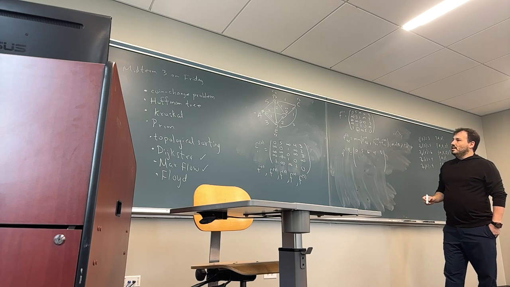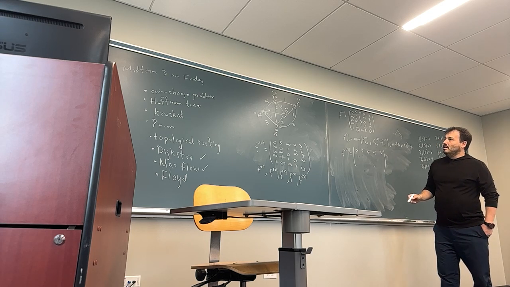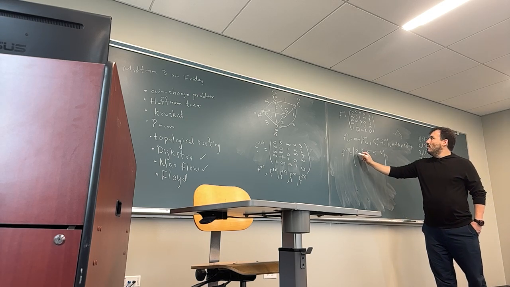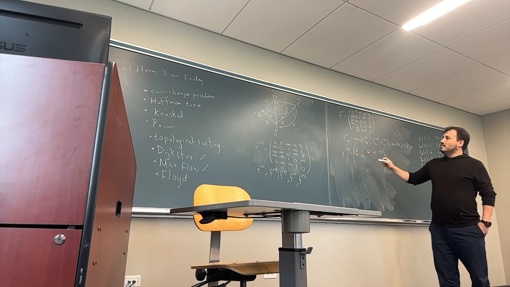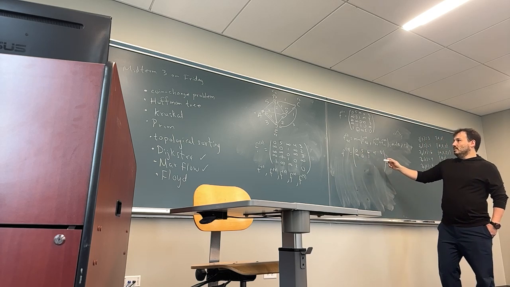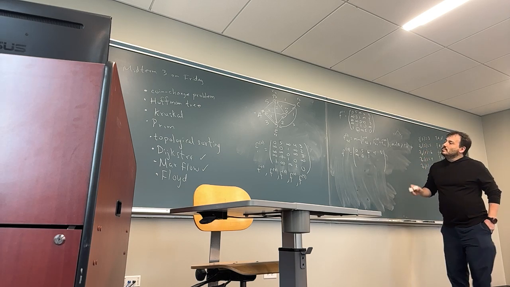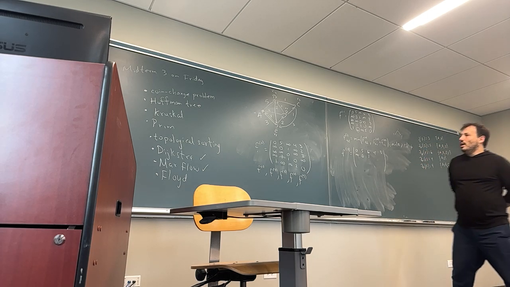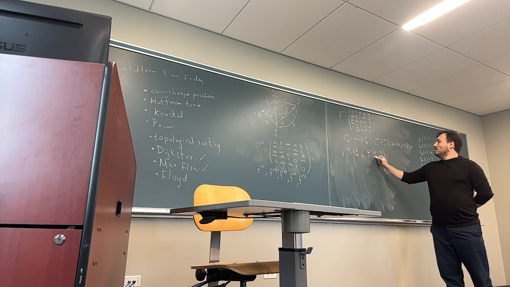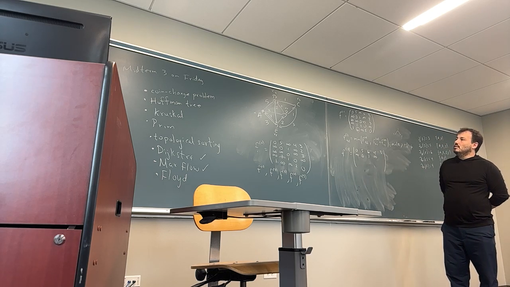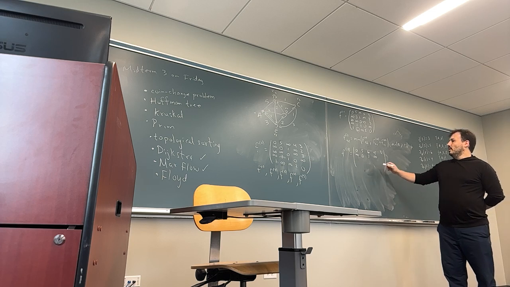And then from B to A, there's no path. From B to C, we're not going to beat 1. From B to D, there's still no way, I think. From B to E, still no way.